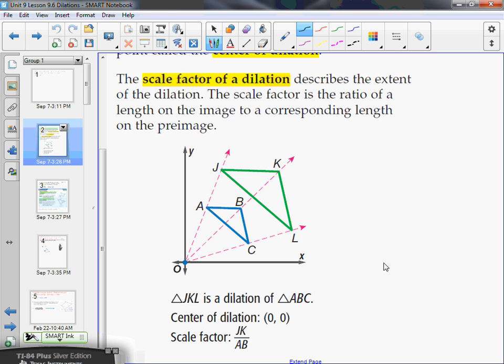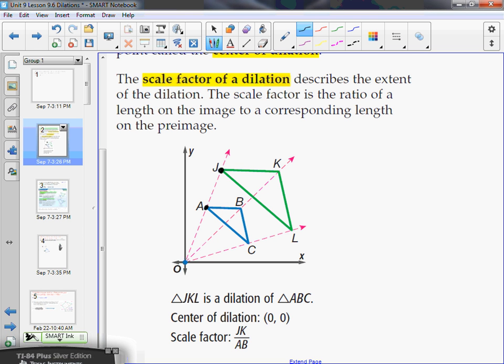For instance, point A and point J are corresponding points there. ABC is our original figure, JKL is our image of it. All right?